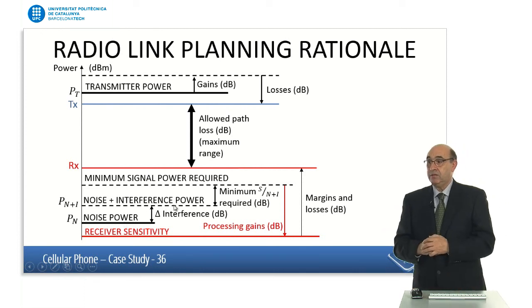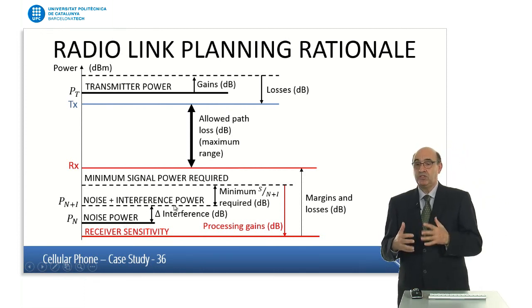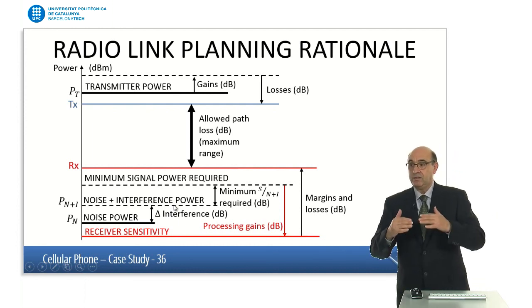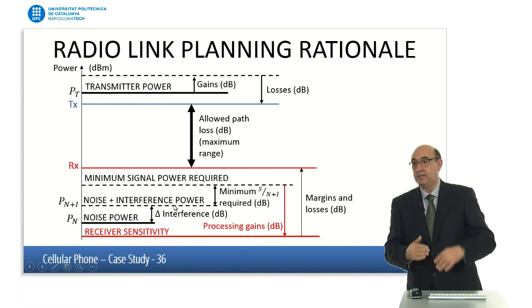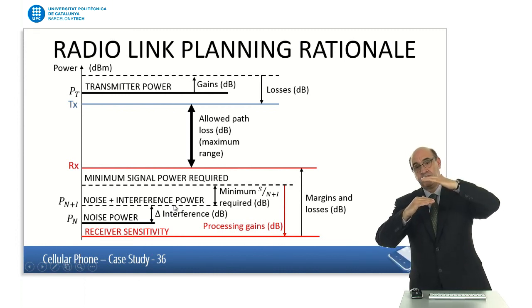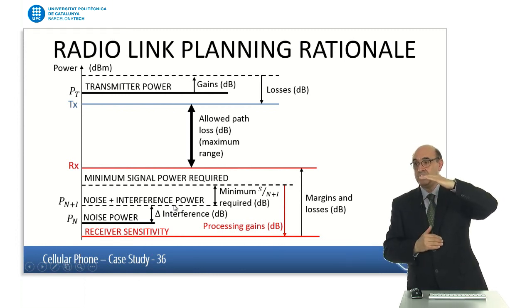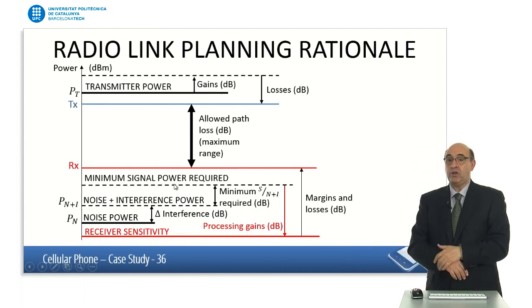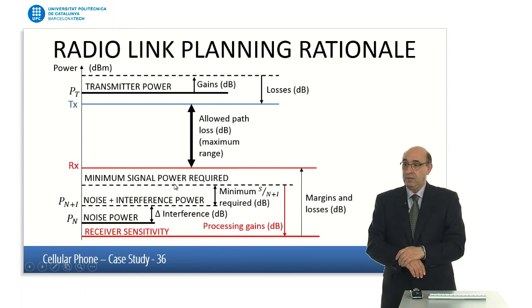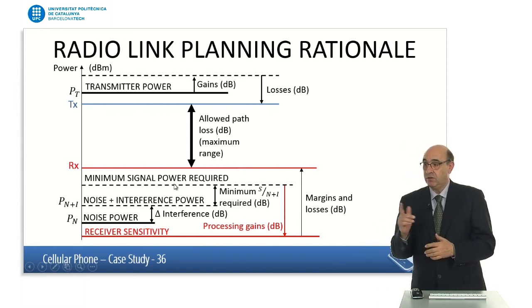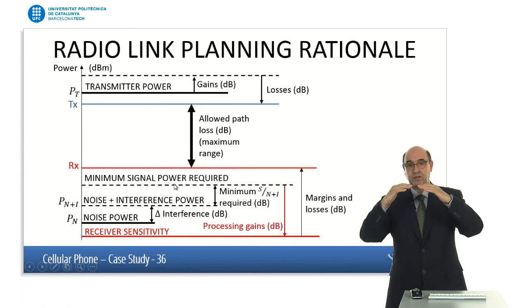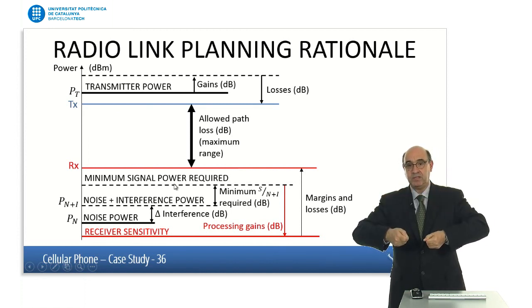But then the system requires a minimum signal to noise plus interference to work correctly. That means that we have to add again a certain threshold. So now we are at this level. And this is the minimum signal we may require. But you have seen that in those cell phones we have processing gains. So you are capable of, in some way, bringing the signal up from the noise.